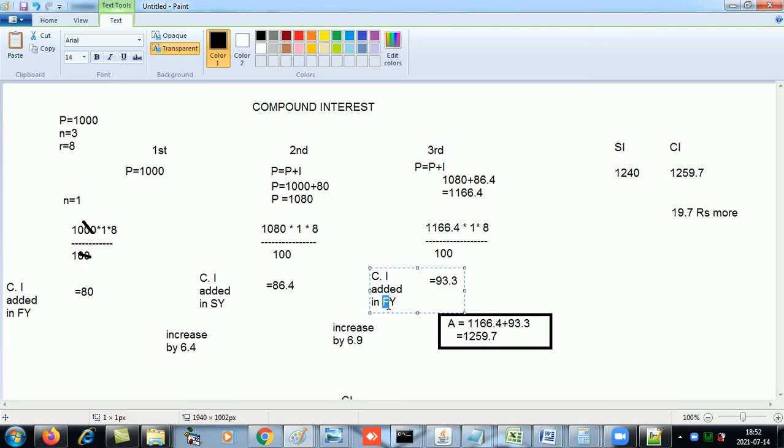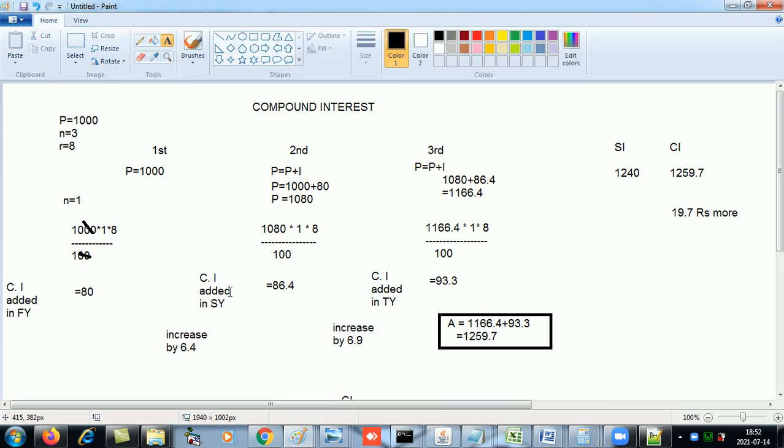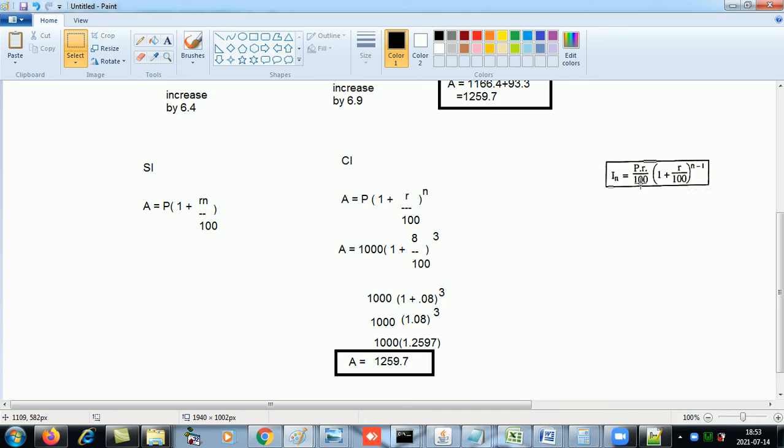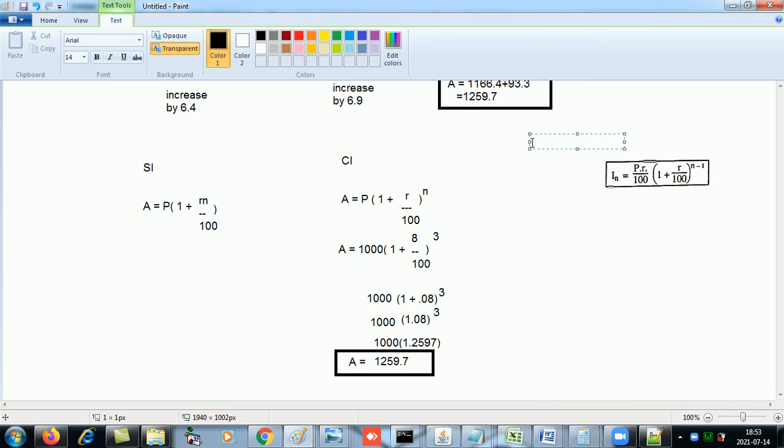So if you wish to calculate how much compound interest was added in a particular year, for that also we have a formula here. This is the formula to calculate interest added in a particular year. So the year is the n.